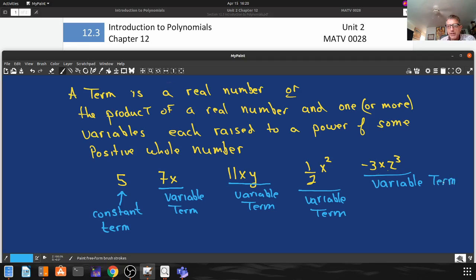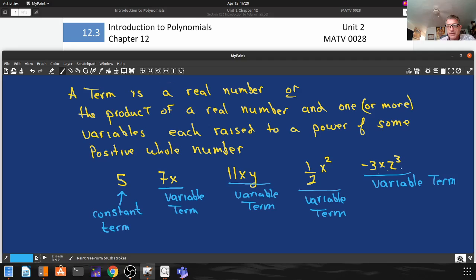If you don't like the word variable, you can call this a term with an unknown. So if I want to be more specific, we could say 7x is a variable term in the variable x. 11xy is a variable term in the variables x and y. 1/2 x squared is a variable term in the variable x.